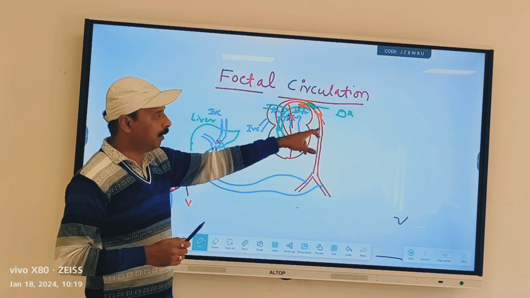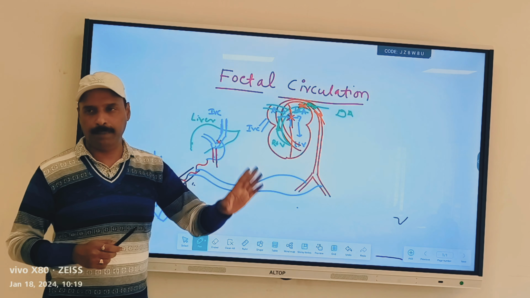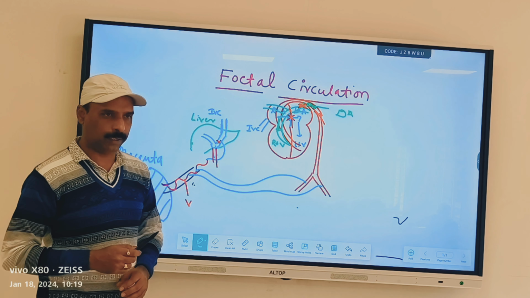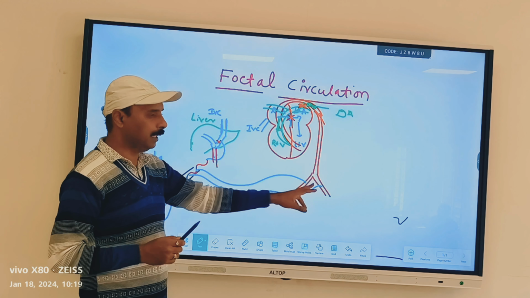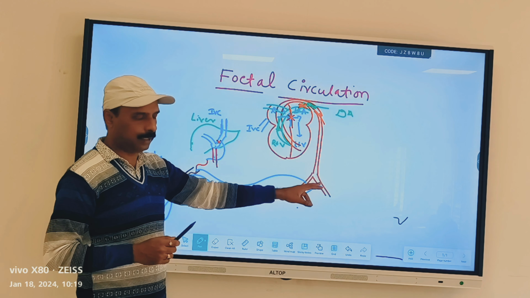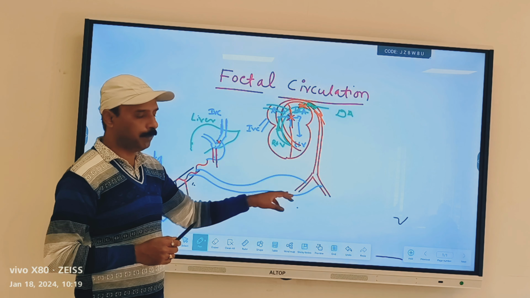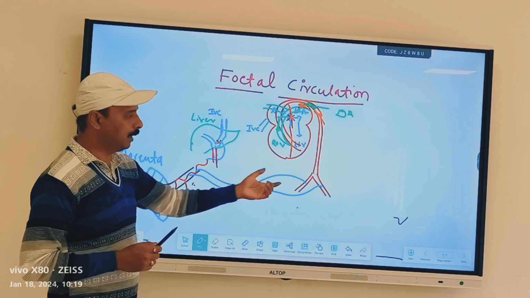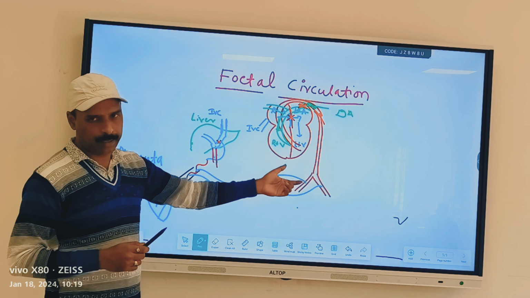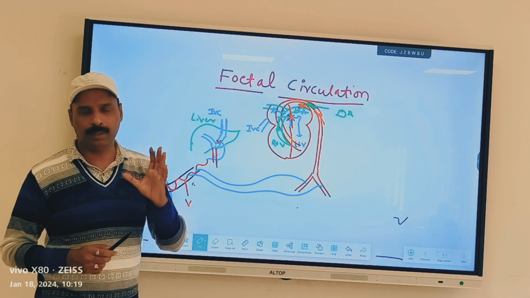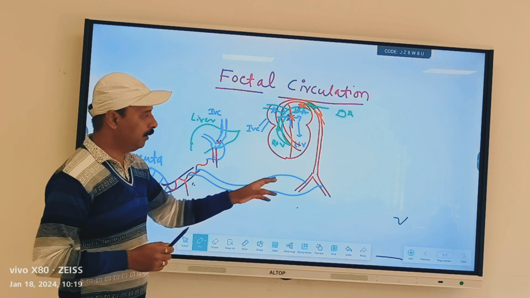From this, the aorta branches and supplies the whole body, and there are the common iliac arteries. Through them, a branch arises, the umbilical artery, which carries some deoxygenated blood.